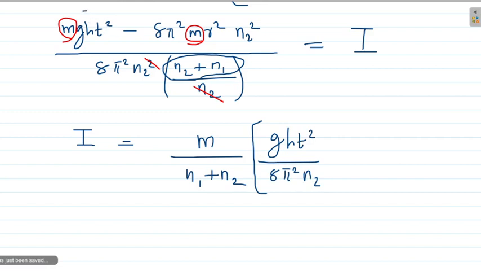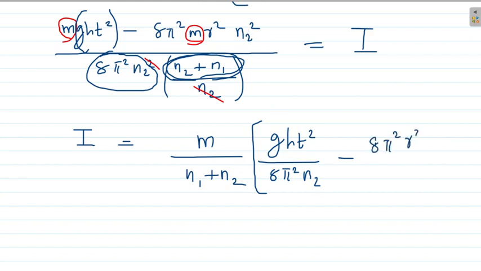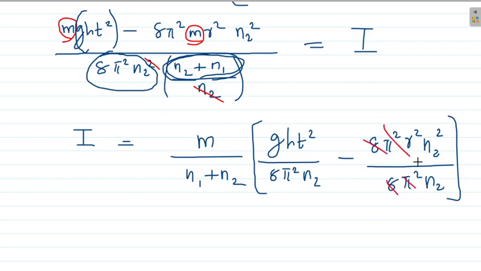So that is the first term, gh t square whole divided by 8 pi square n2. This is taken as common to the outside of bracket, minus 8 pi square r square n2 square divided by 8 pi square n2. So here certain terms will cancel out: 8 will cancel, pi square and one n2 will cancel.